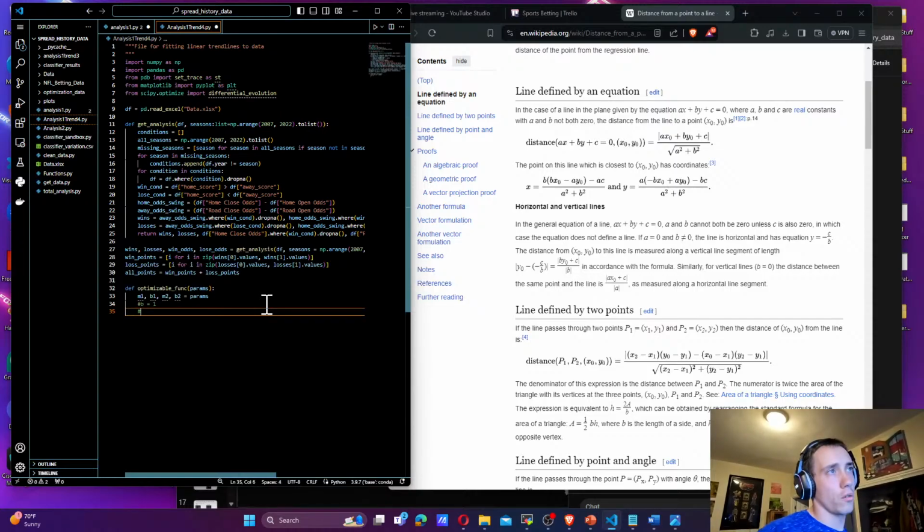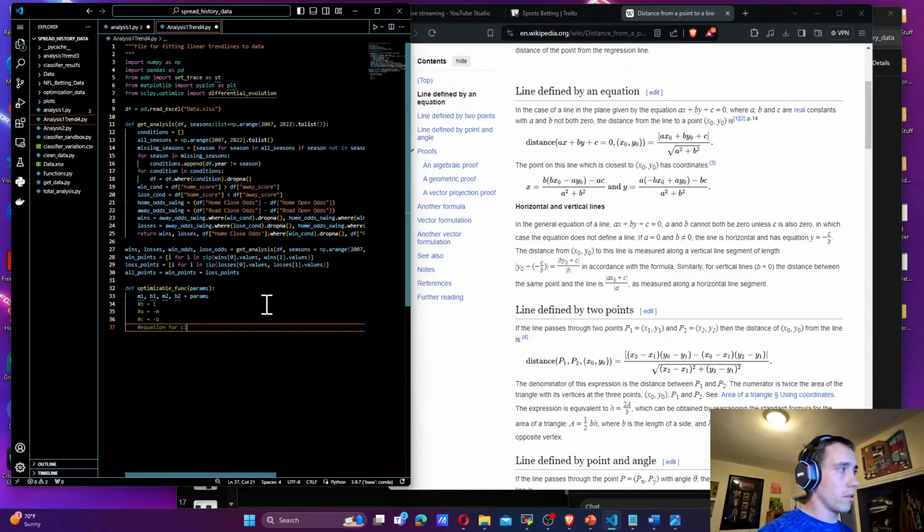So then we just get y equals minus ax minus c. So a is equal to minus m, and then c is minus b.